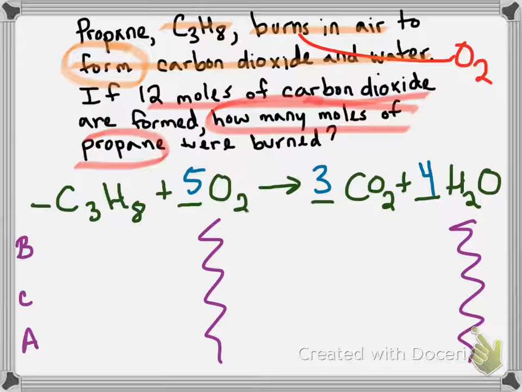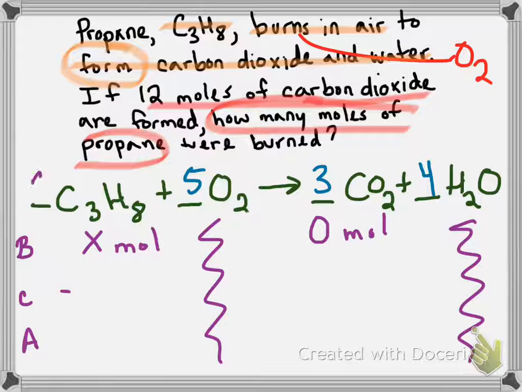Since carbon dioxide is a product, before the reaction happens, I have no moles of it. And the question is how many moles of propane are burned, so this is my X. I need to figure out how many moles of propane I started with. For my change, my reactant is going to be negative because it's burning up, reacting, so it's going to decrease.